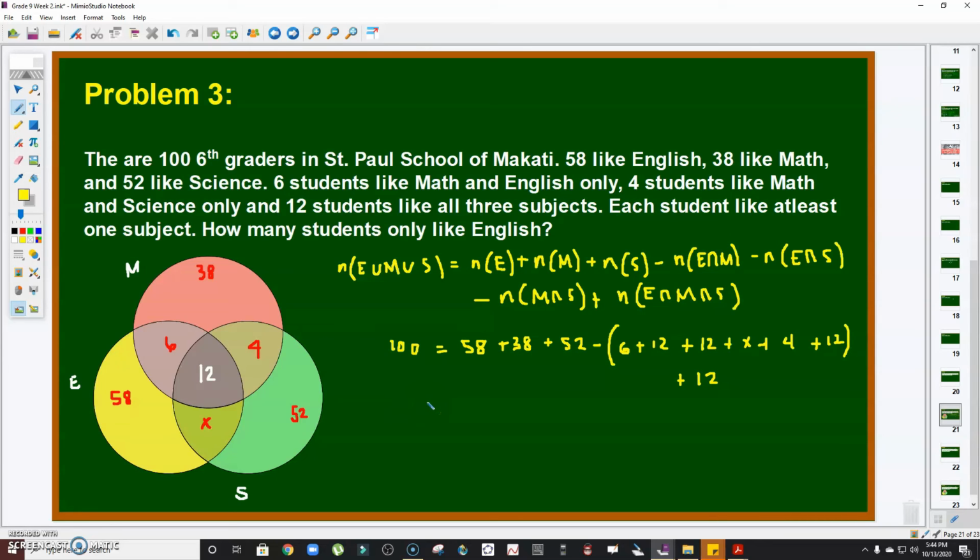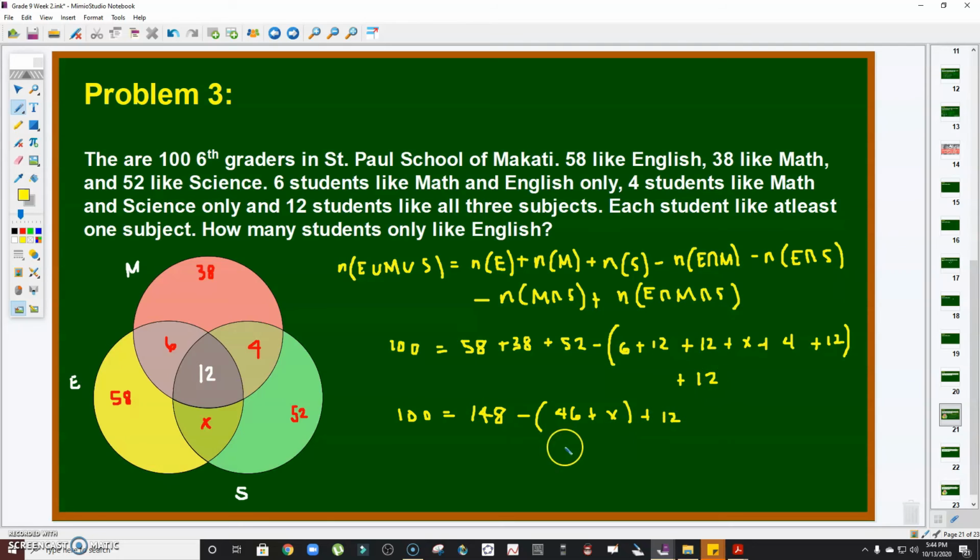So, 100 equals 58 plus 38, so that's 96, plus 52, so that's 148. Minus 6 plus 12, that's 18, plus 12, that's 30, plus 4 plus 12, that will give us 46, plus X, plus 12. There you go.